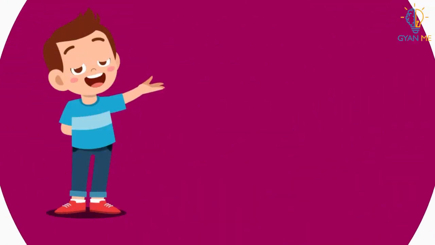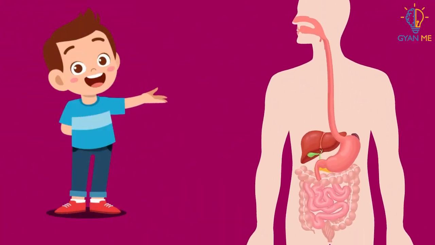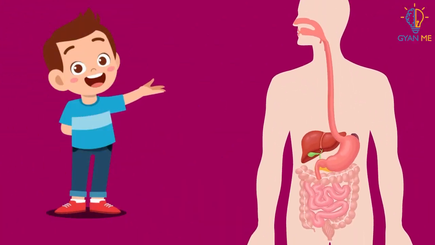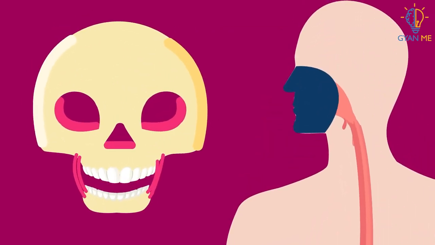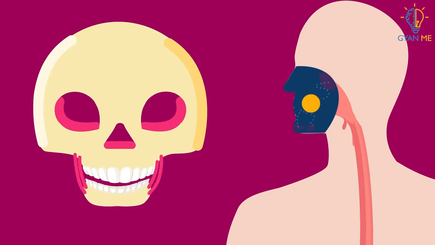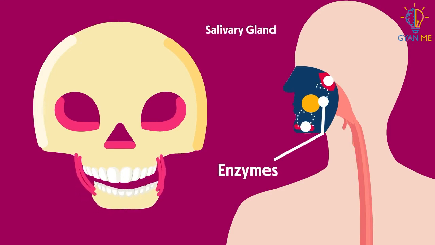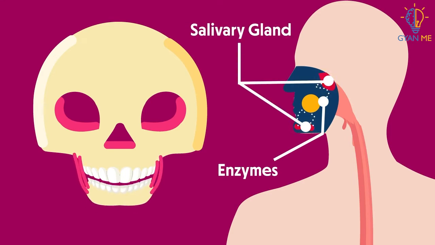So now let us see the functions of the digestive system in detail. The first part of the digestive system is the mouth, and the process of digestion starts in the mouth, or we can say the buccal cavity itself. When we chew the food, it gets mixed with saliva having many enzymes and secreted from various salivary glands.